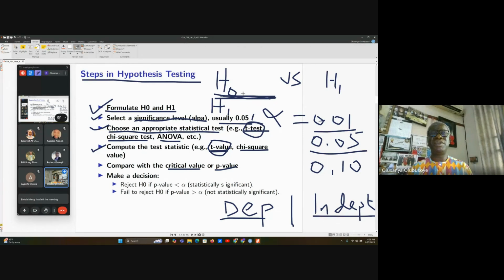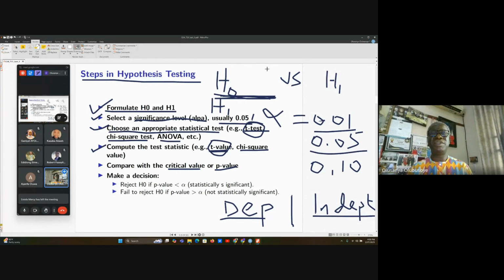So the test is significant. But if we have overwhelming evidence against the null hypothesis, that's what the critical value and the p-value will help us to determine.